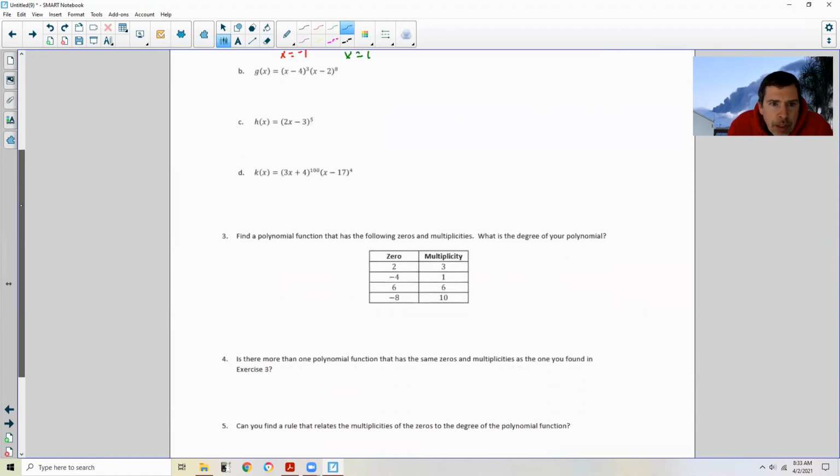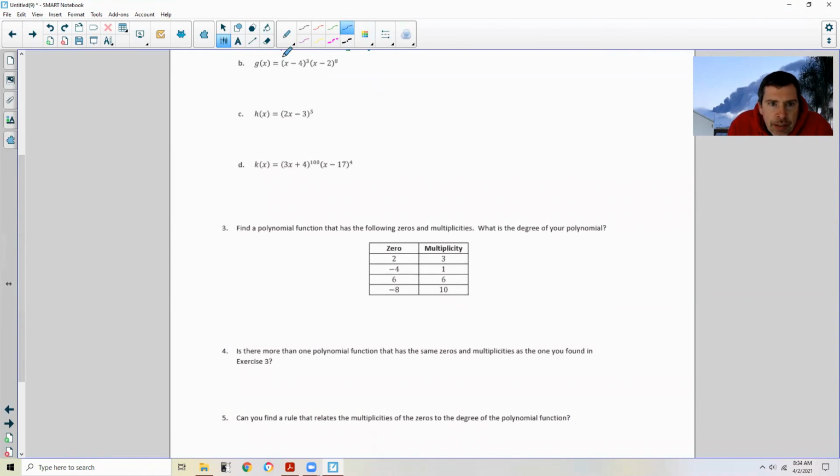All right, let's move on to part B. g of x equals x minus 4 cubed. Well, that means x minus 4 three times. Okay, and then we have x minus 2 eight times.